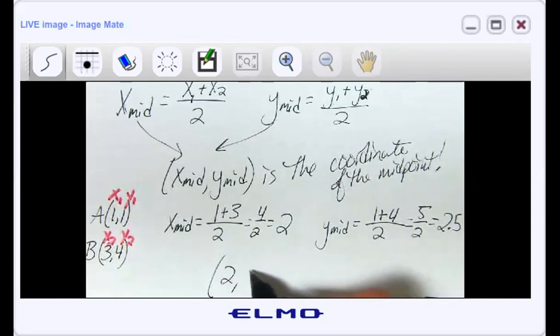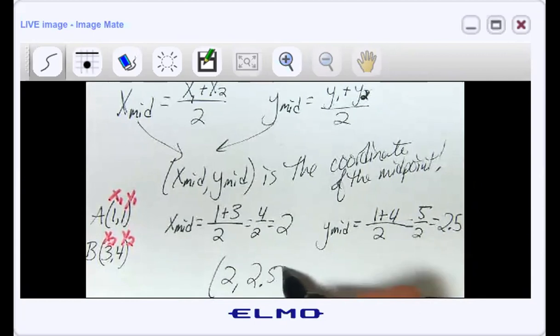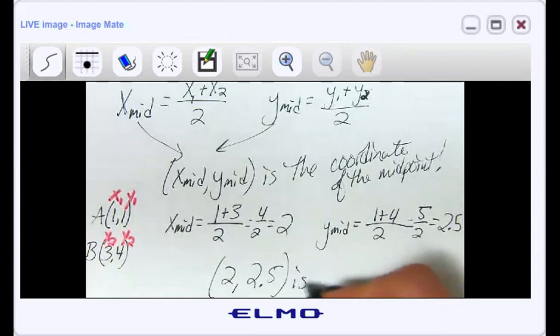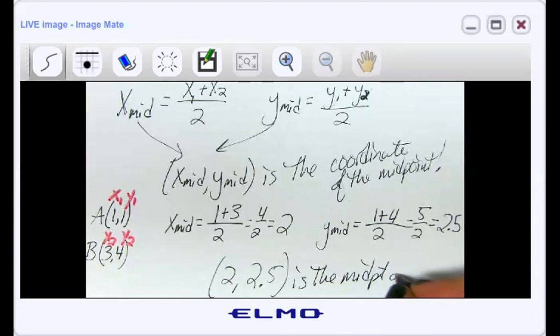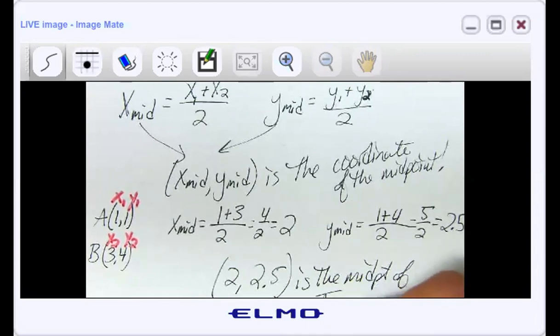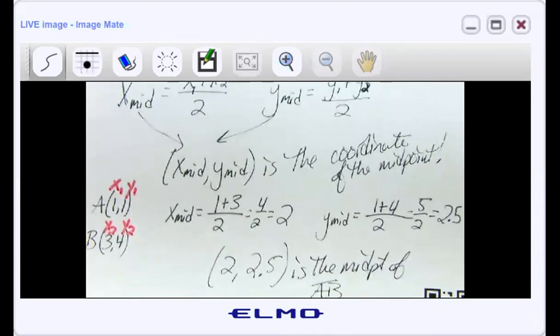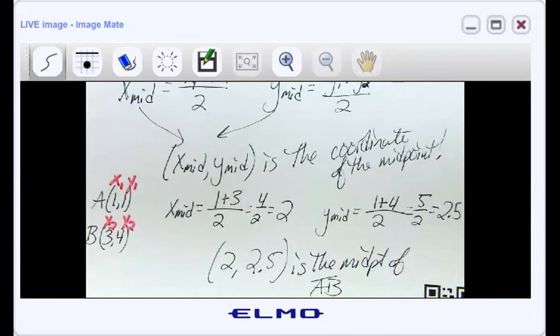That's my y coordinate. And there we have it. That's my midpoint. I have found the midpoint of segment AB, if A is at (1, 1) and B is at (3, 4): (2, 2.5).